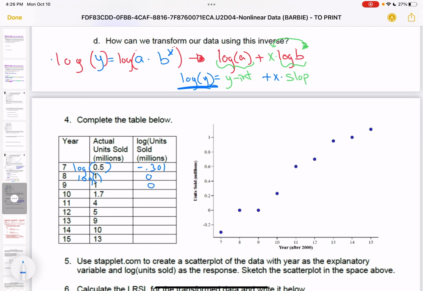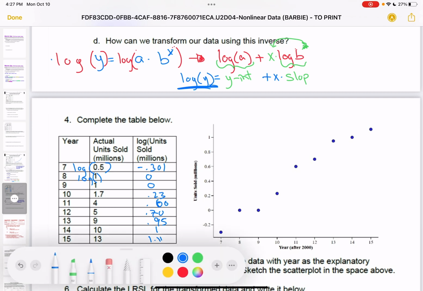I'll just give these to you really quickly. 0.23, 0.60, 0.70, 0.95, exactly 1, and 1.11. So we're just taking the log of every single one of these y values, and then we're going to plug that data into Staplet.